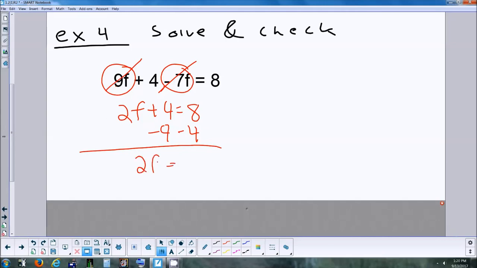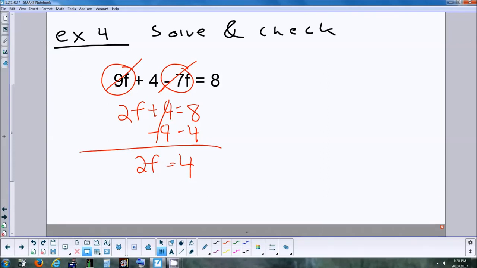Perfect. 2F equals 4. What happens here? The positive 4 and the negative 4 cancel out, right? So we want to get the variable by itself. That's why we did that. So now we get 2F equals 4. Perfect.